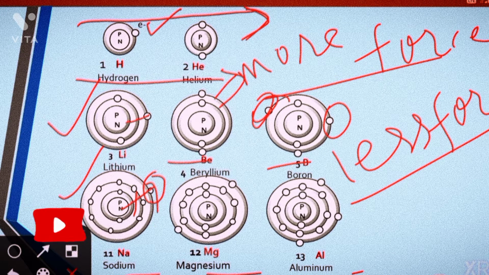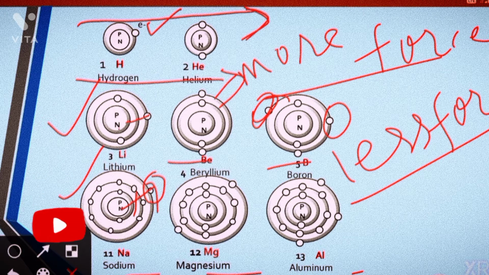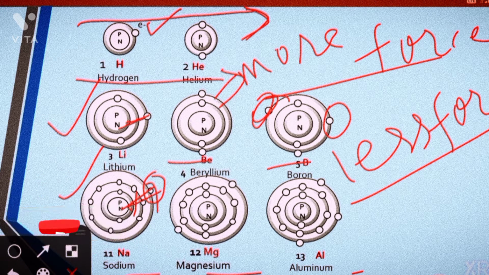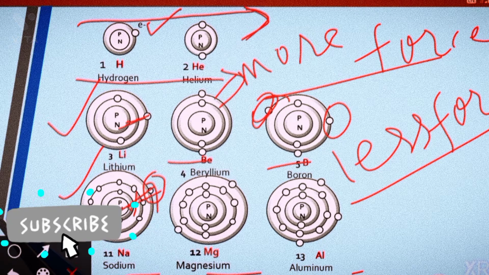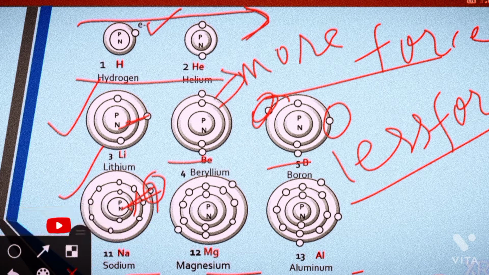In the case of lithium, lithium has only two shells, so its distance from the nucleus is less than sodium. So in sodium, donating the electron is easier, and ionization energy is less.